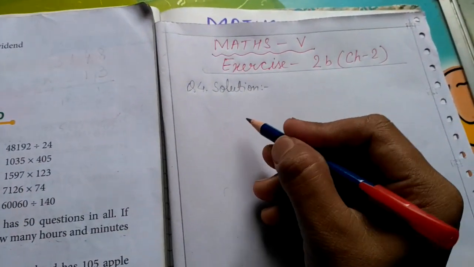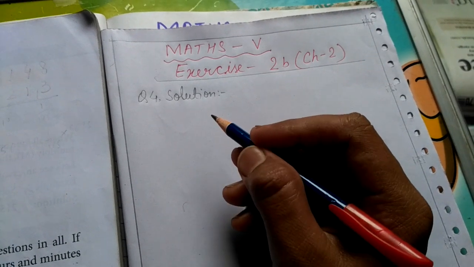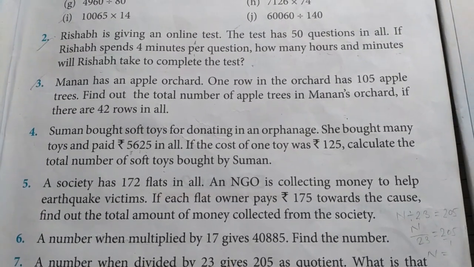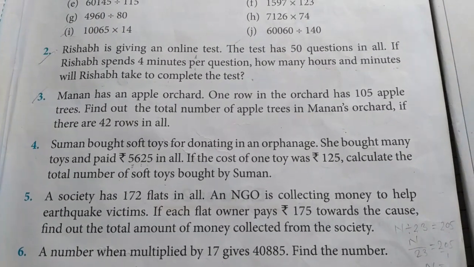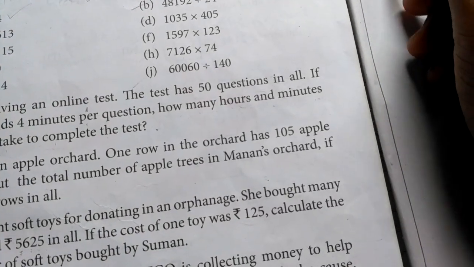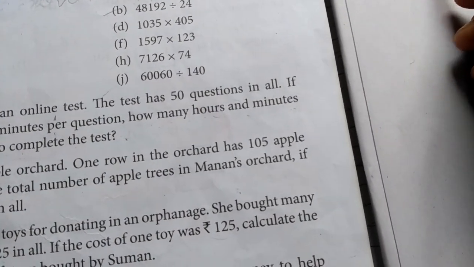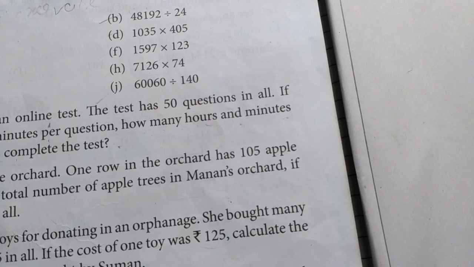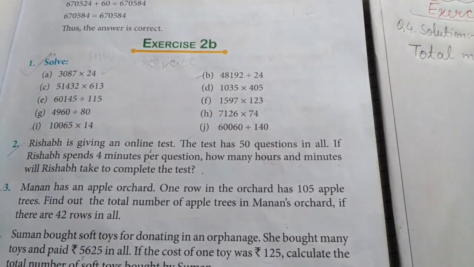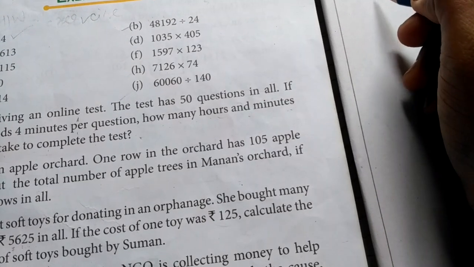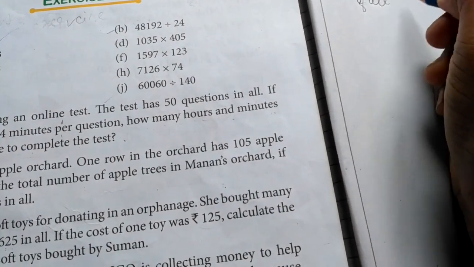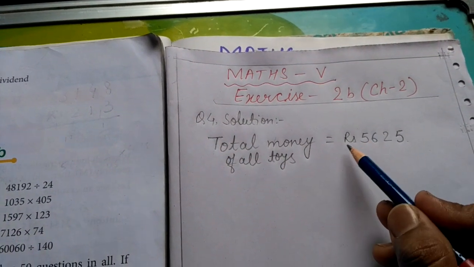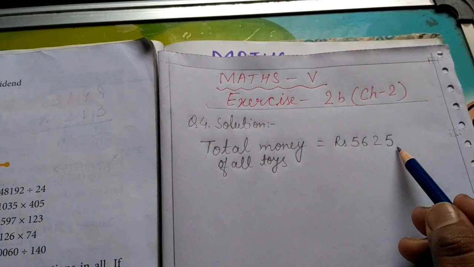First we have to write the information which is given to us. So what is given? She paid rupees 5,625. So total money of all toys is equal to rupees 5,625.